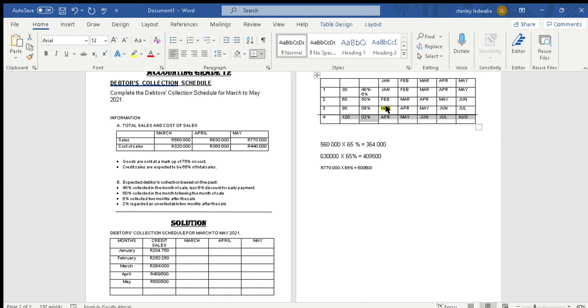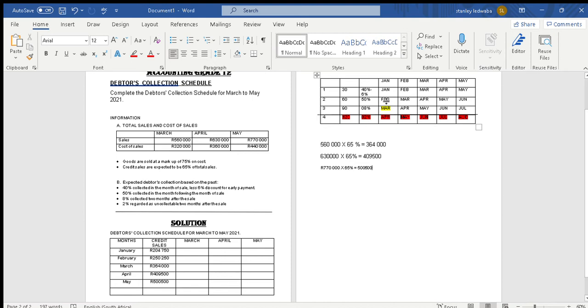Let me put them in red so that you can see what I mean. We are not considering them because these ones are written off. They exceeded the payment timeline. Now we are focusing. On January we are collecting for March, April, and May. February we are collecting March, April, and May until the last month.